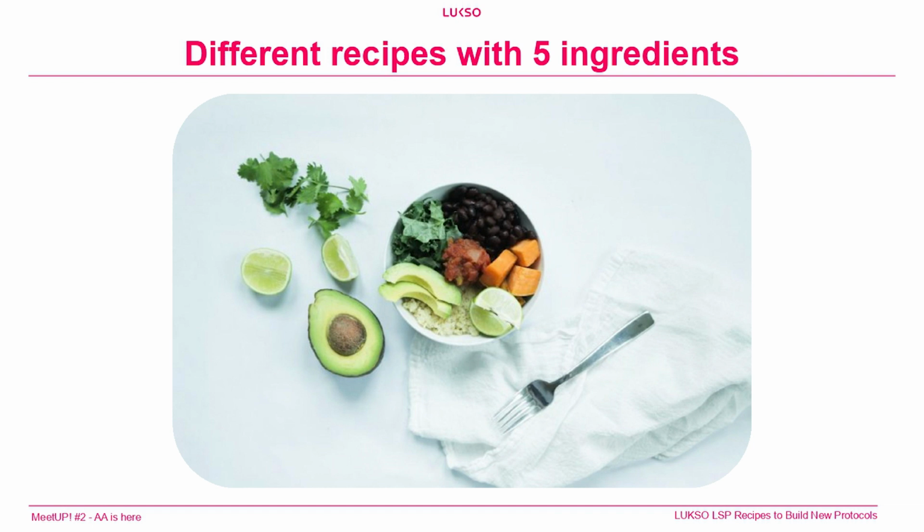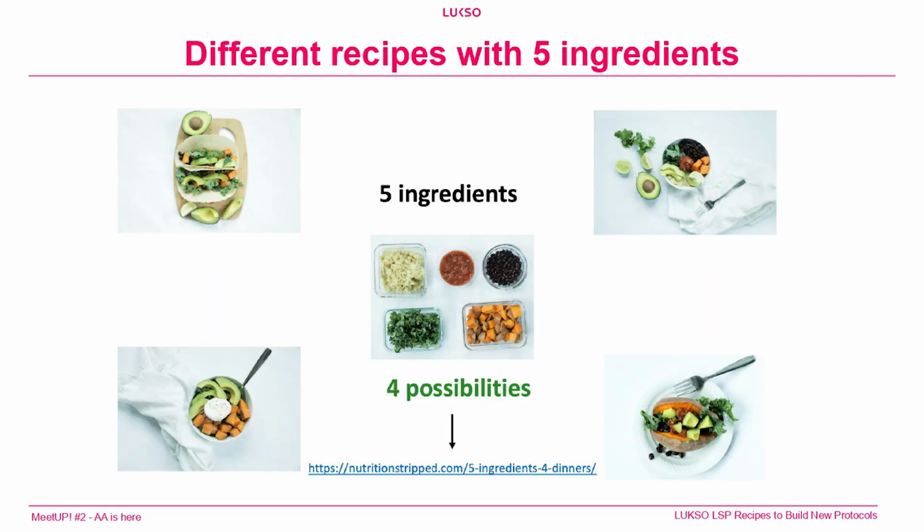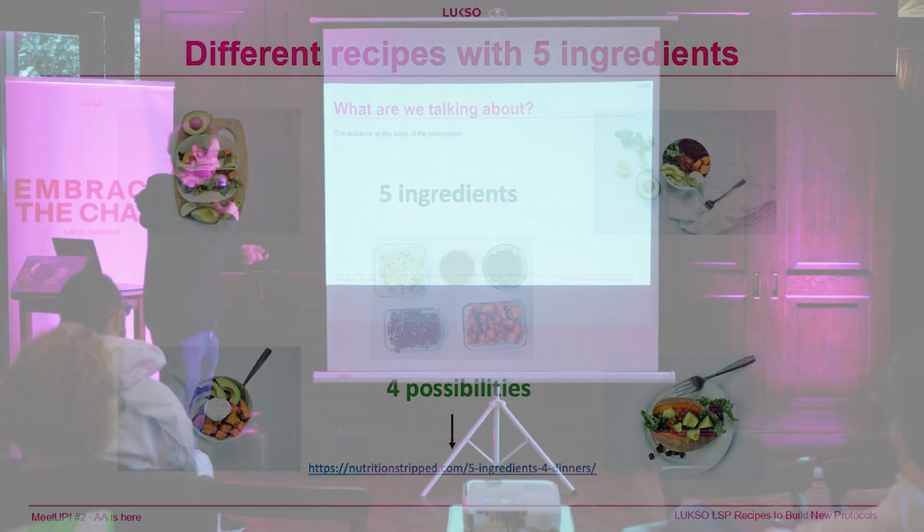Or then you can have even more different ideas, where instead of having potatoes as something you will eat, you will have a potato as a container. So basically, you can see that with the same set of ingredients, you can arrive at different outcomes. So 5 ingredients for 4 possibilities. For those interested, the recipes are on this link below.